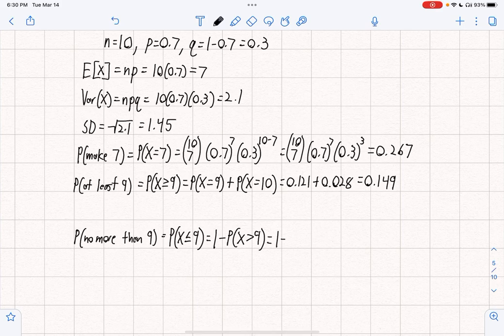This is 1 minus probability x is equal to 10. Right? If you have more than 9, then you must have gotten all 10. We already found this in the prior example. Right? We found x equal to 10 was 0.028. So I have 1 minus 0.028, which is about 0.97.